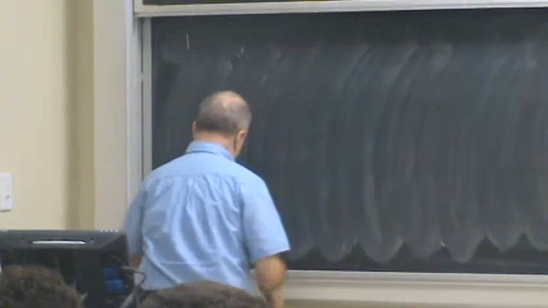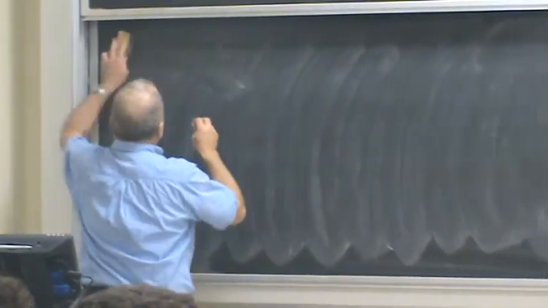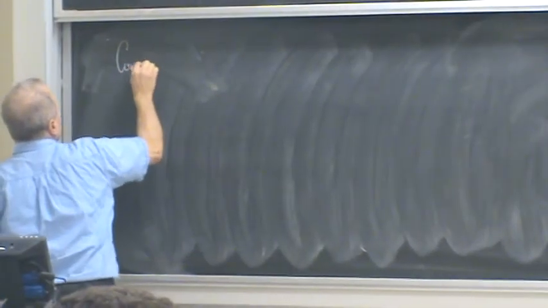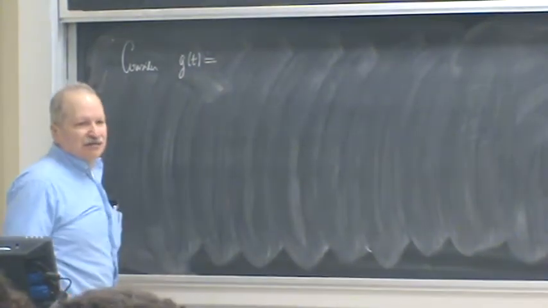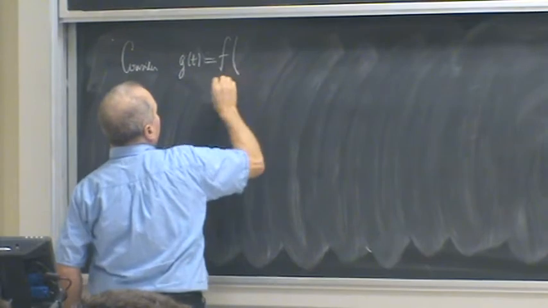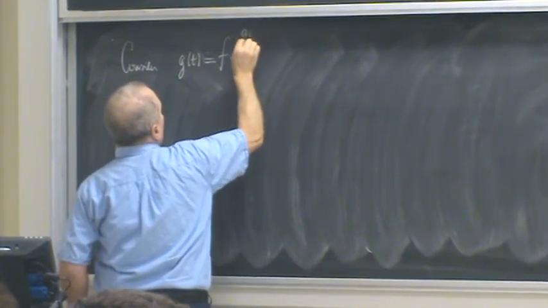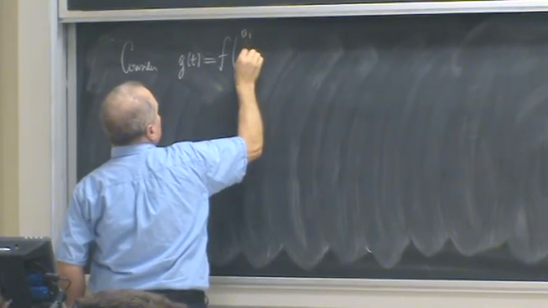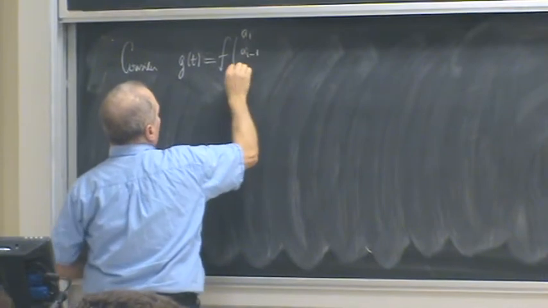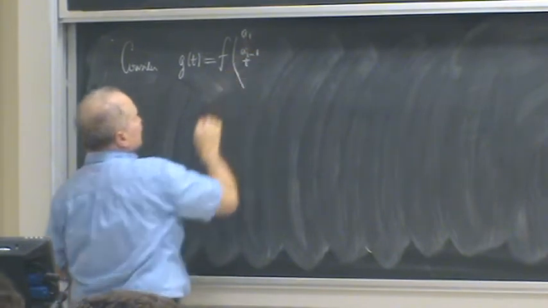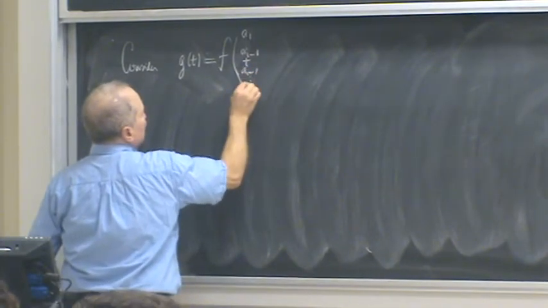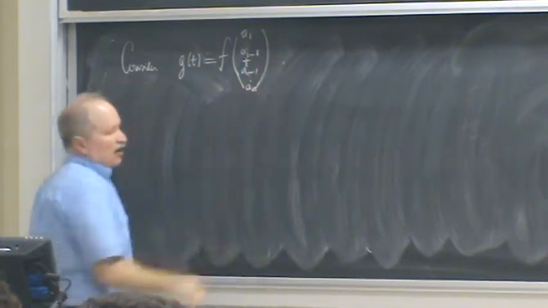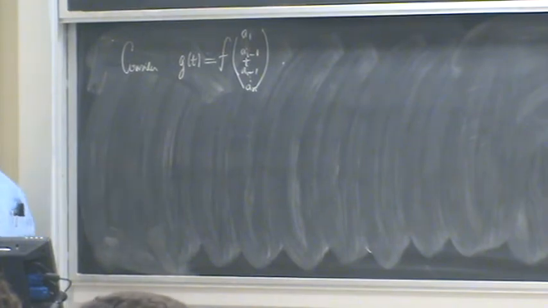So you can think about a function of t, which is just f of putting in all the coordinates of A other than the ith one, putting a t in the ith coordinate, and letting all the other coordinates be fixed.